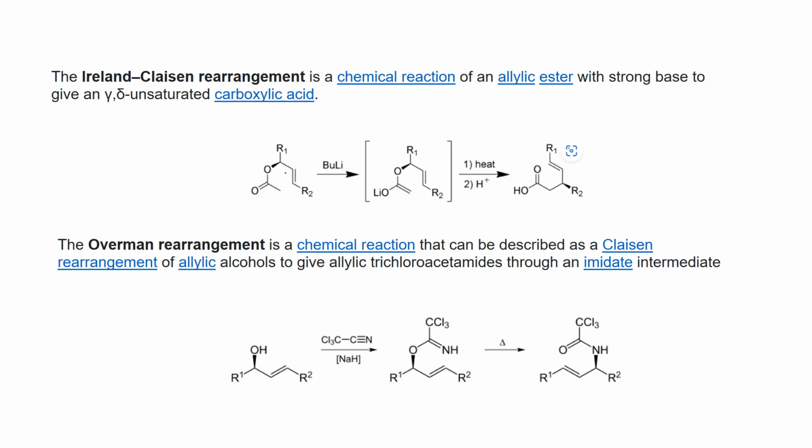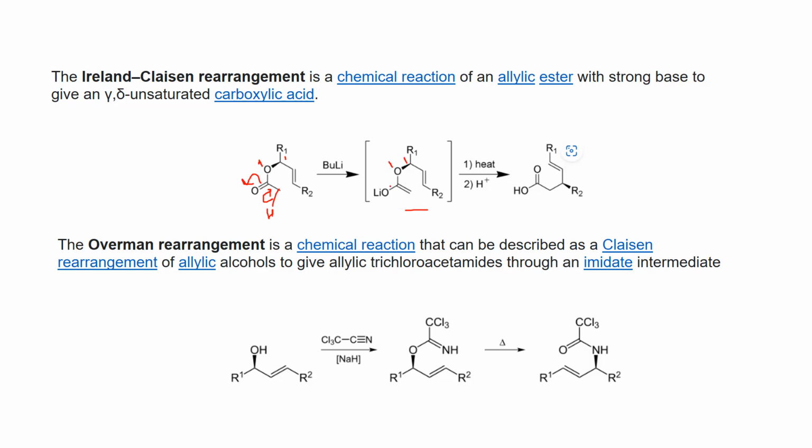So let's start. You have to give numbering 1, 1 across the sigma bond. This is an ester, and if you add a strong base, without which it will not form, this CH3 proton will be abstracted and this goes here, forming this enolate type of compound. Now see, this looks like a 1,5-diene.